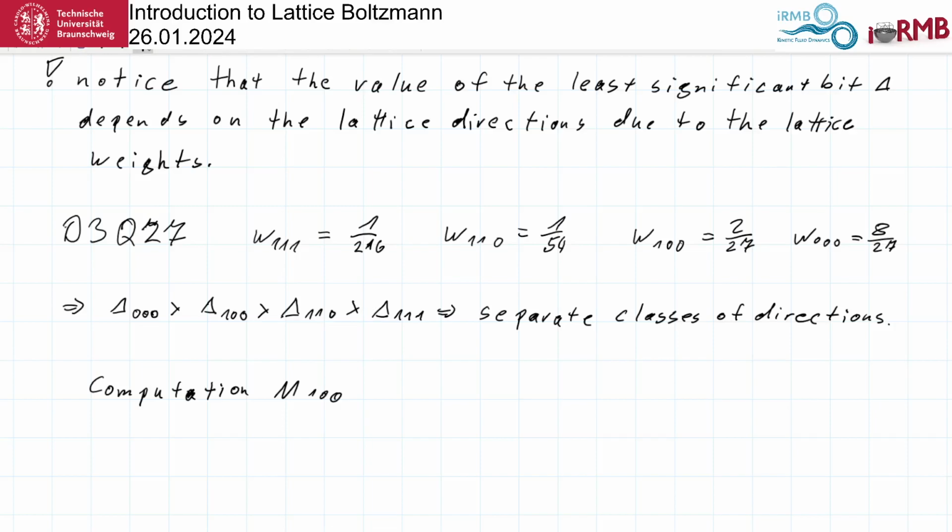So again, we compute M100, and I'll make a table here with this here being the step. And then we have the class, say, the class that comes with W111. Then we have the class that has the weight W110, and then we have the class with W100.